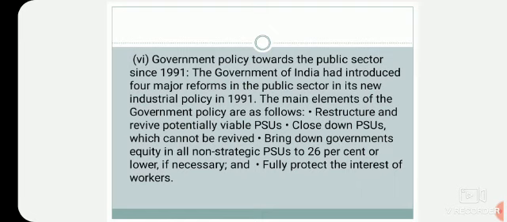Second, close down public sector units which cannot be revived. Third, bring down the government's equity in all non-strategic public sector units to 26% or lower if necessary. And the fourth one, fully protect the interest of workers.